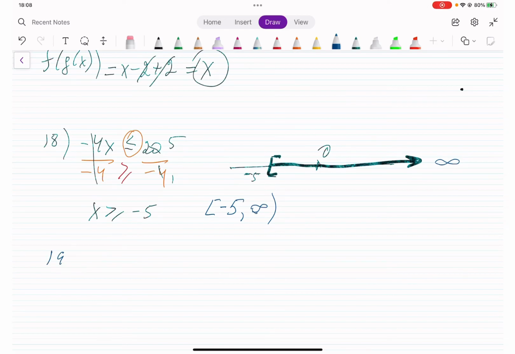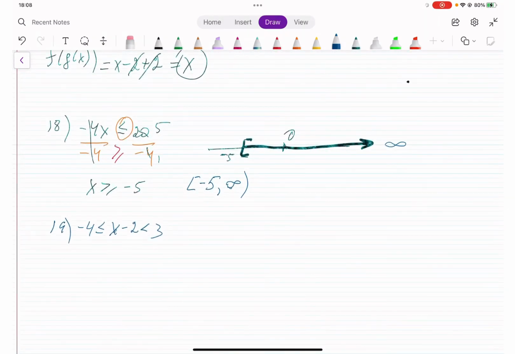Okay, number 19. Let me see what we have. We have x minus 2 greater than or equal to negative 4 and less than 3. Okay, let's solve it. Practically we have two inequalities combined in one. How are we going to solve?